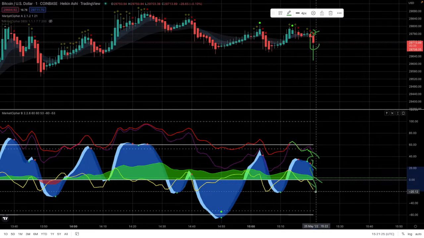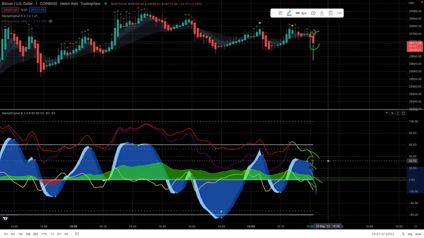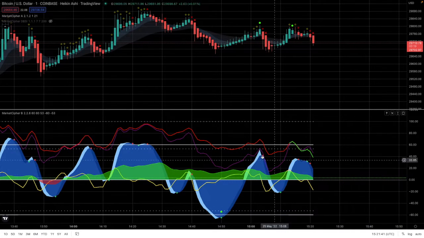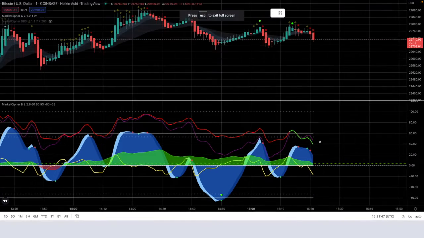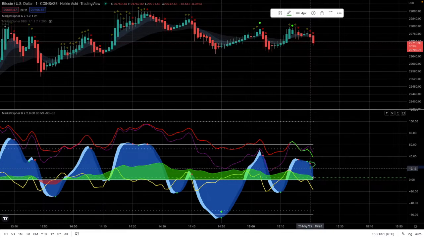This is how you scalp on lower time frames using Market Cipher. This is real time empirical data. It just gives you real time insight. If I was going to scalp, let me move the drawings first, I would have entered a short from this side, knowing that my momentum is heading into the negative territories.